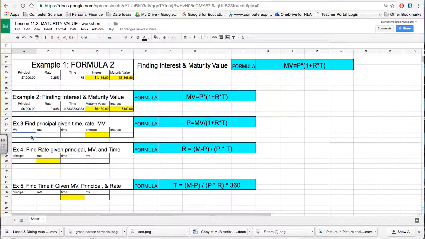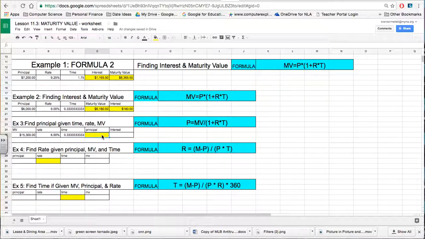We know the maturity value of $15,300. We have a rate of 6%. We have a time of 4 months. So to calculate the time, we go equals 4 divided by 12 months, 4 out of 12 months.